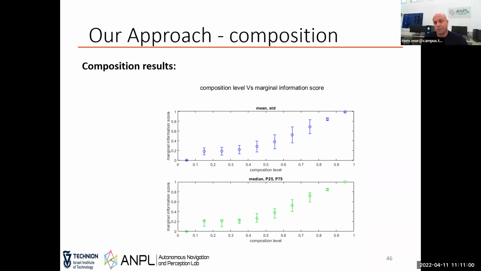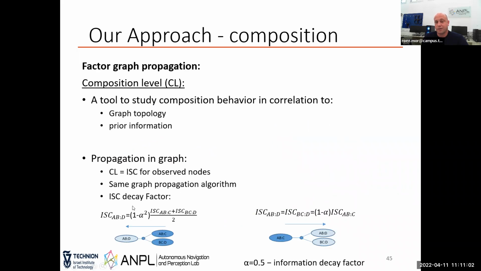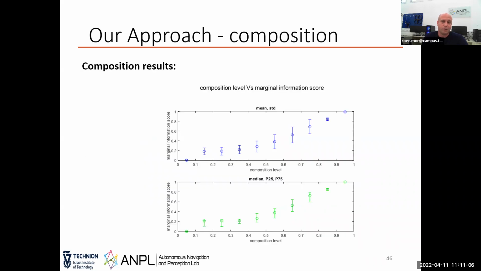Okay, so we understand that it more or less decays every time it goes through a factor. If you go through one factor, then you still have a lot of information. If you go through a few factors, you still have information, but if you go too far, then the information is going to decay and you're not going to have information in your estimation. So this is another important conclusion of this research.